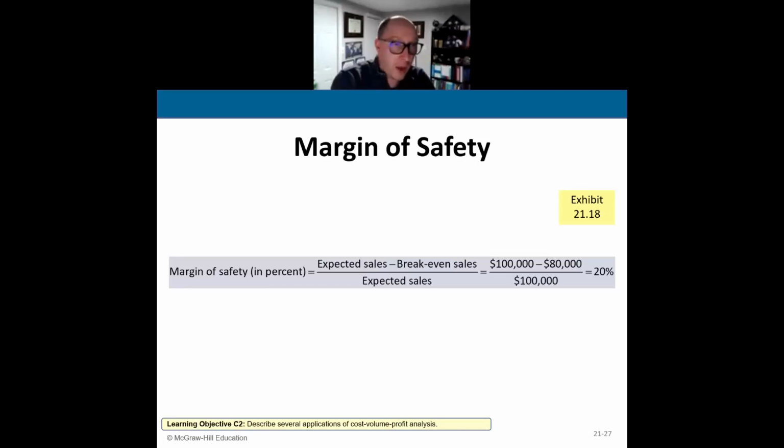While companies want to do better than break even, we want to go past break even. A margin of safety is the expected sales minus the break-even sales. Expected sales minus break-even sales gives us the margin of safety.